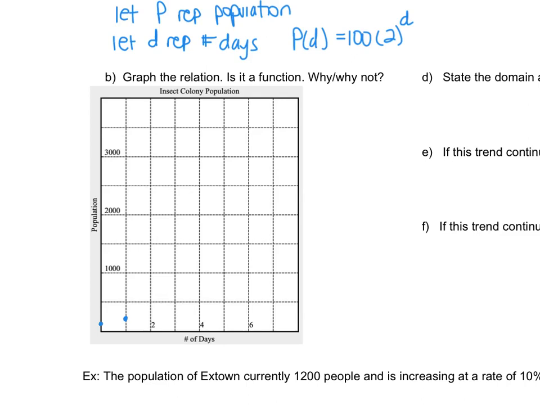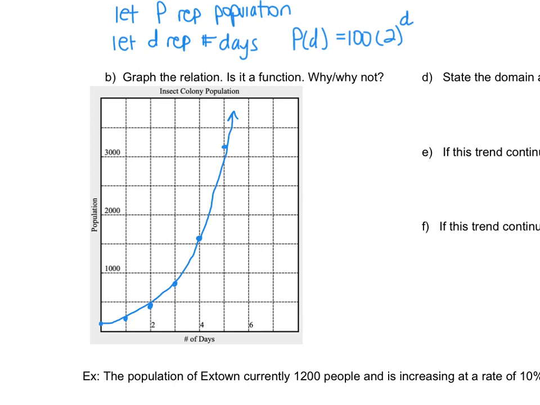Then the second day, it will be at 400, and then doubles again to 800, then 1600, and then 3200, and then we're off the page. So let's just connect the dots and put an arrow at the end because this will continue growing.